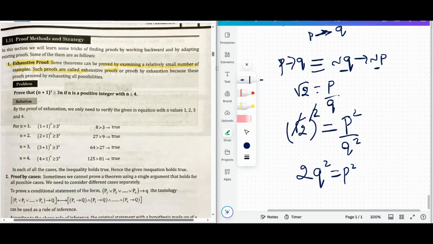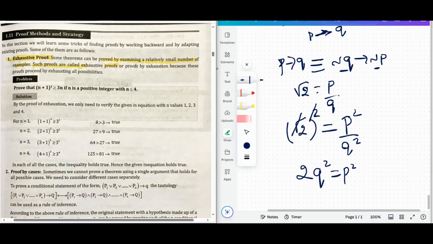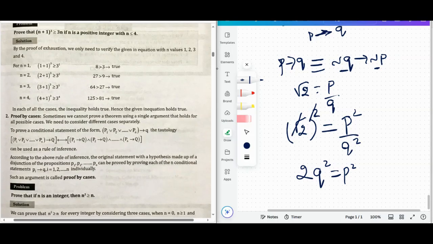For example, if you take the given value, (n plus 1) whole cube is greater than or equal to 3n, if n is a positive integer where n value is less than or equal to 4. So what we get here?